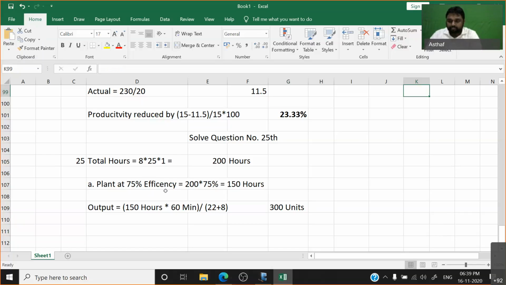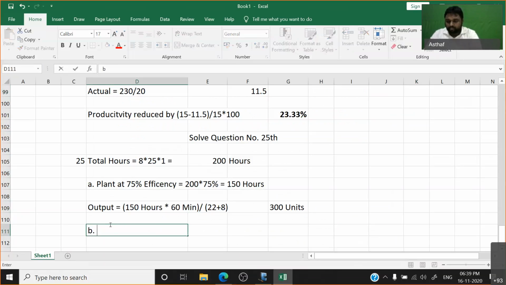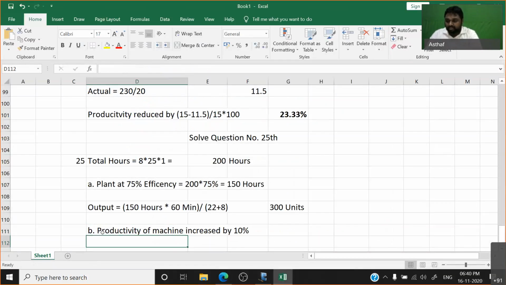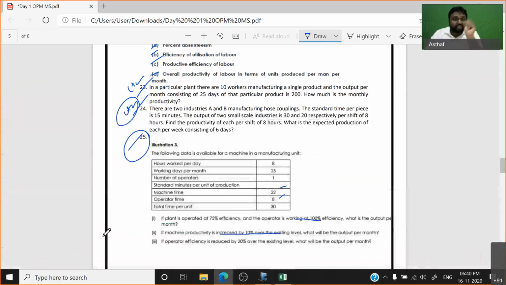what is next? If productivity is increased by 10%, productivity of machine increased by 10%. So what is the revised machine time? This everyone should understand. Productivity increase, it's good.